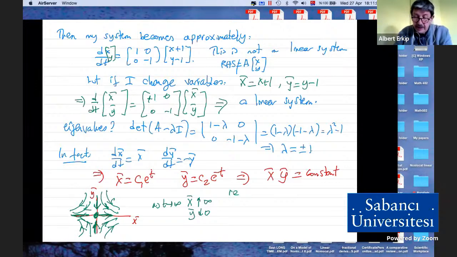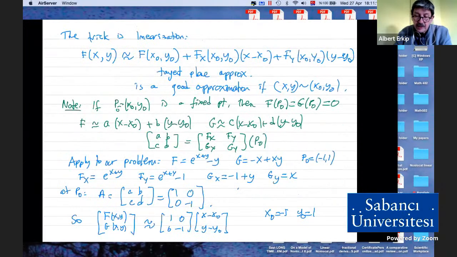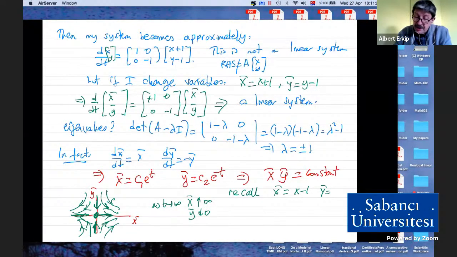Now recall, what was x bar? X bar was x plus 1 and y bar was y minus 1. So if you look at the real picture, let's sketch it.